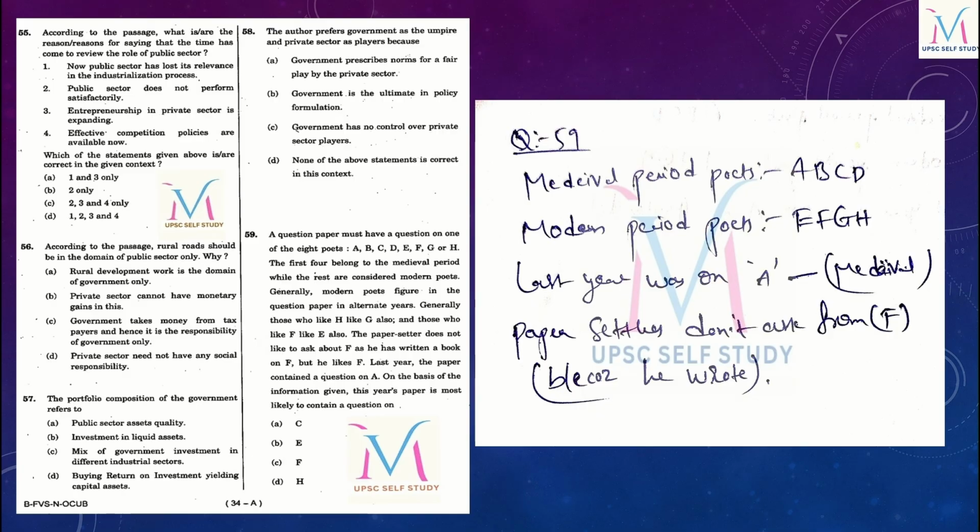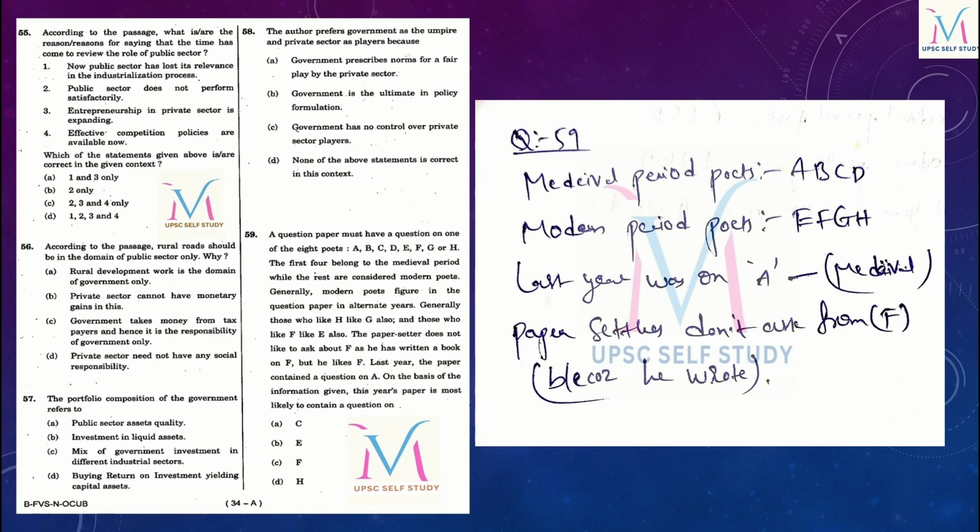For the 58th question, option A is the closest related reason because government prescribes norms for fair play by the private sectors. Regarding any project the government takes up, they assign it to private sectors if they have fair practices as well as fair workers.